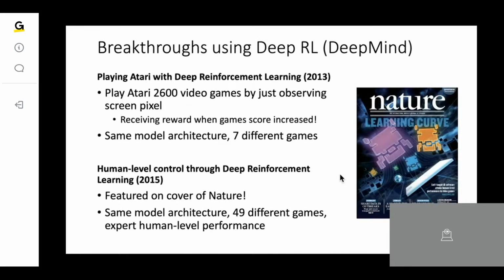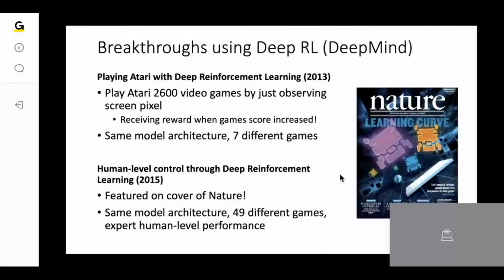In the last few years, starting from 2013, we are noticing a lot of papers coming from DeepMind on how they train a deep RL agent to play more and more complex games. So in 2013, they published this paper, Playing Atari with Deep Reinforcement Learning, where Atari 2600 is a video game console.